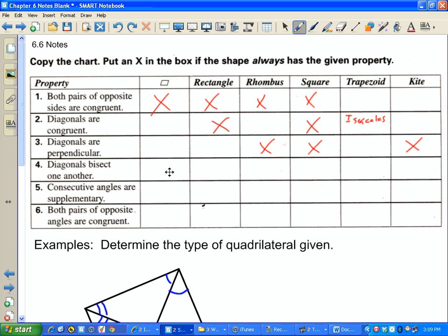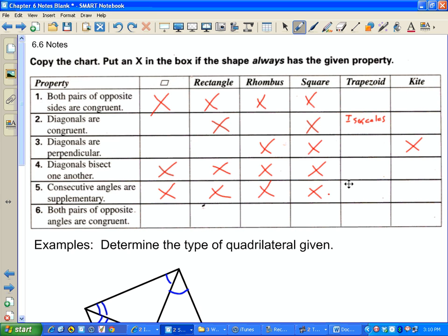Diagonals that bisect each other. Parallelogram, therefore, rectangle, rhombus, square. Diagonals that bisect one another, no and no for the others. Consecutive angles are supplementary. Parallelogram does, which means all of these do. In a trapezoid, yes, but you have to be careful.